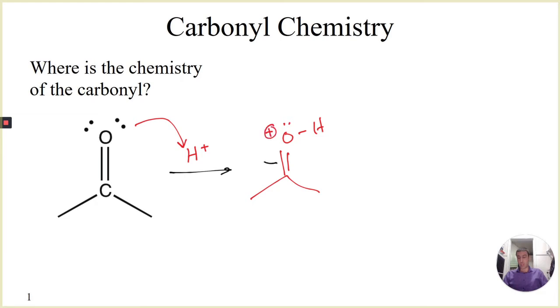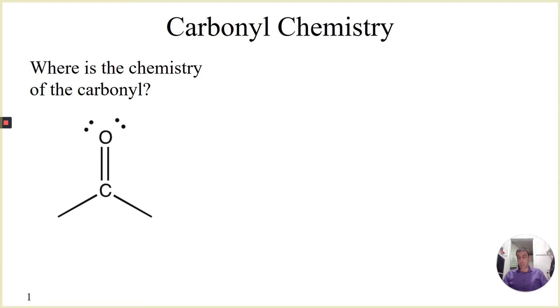This could be resonance stabilized, which is nice. But at the same time, what is that going to end up doing for us? That's going to still give us this very reactive electrophilic carbon. So while this acid-base chemistry is present and it is something we should consider, it's probably not going to be the driver of all of our chemistry for our carbonyls.